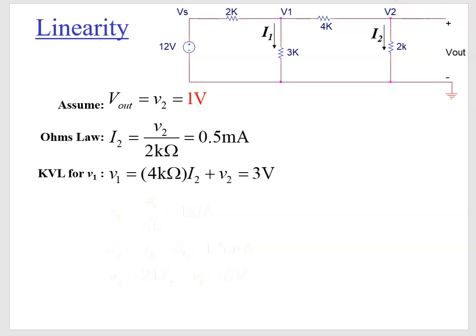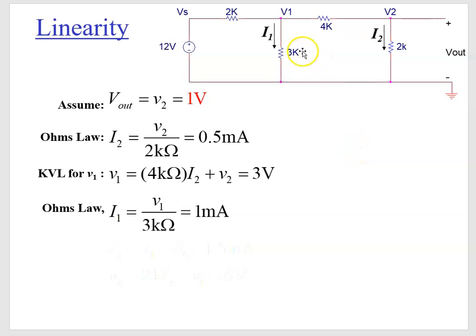I2 is also flowing here, because this is 0 because of the open circuit. So that voltage V1 minus V2 is just 4 kilo ohms times our I2. And then we add our V2 to that, which was Vout, which is 1 volt. So we get a solution of 3 volts there.